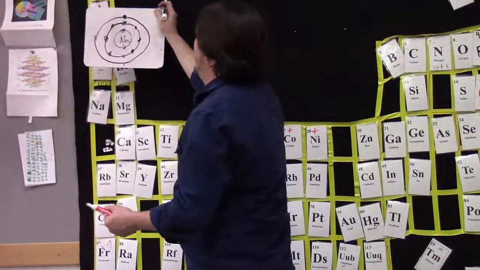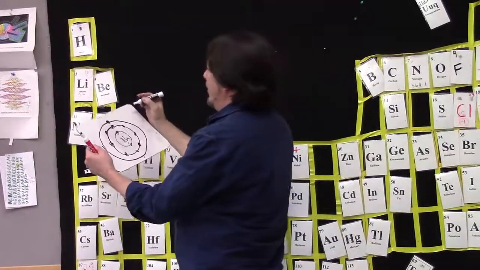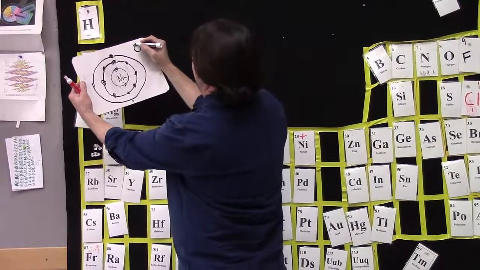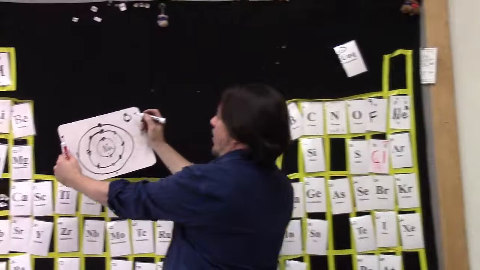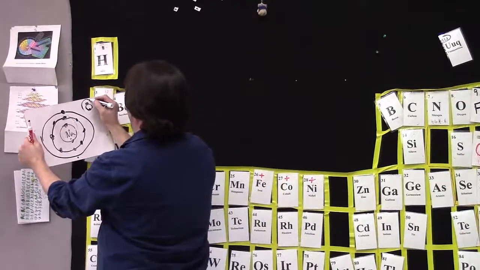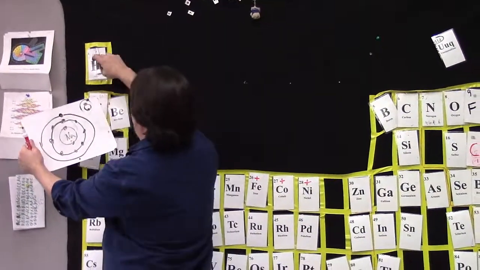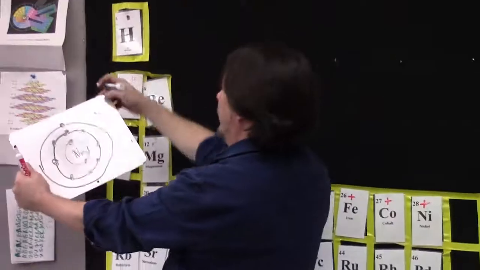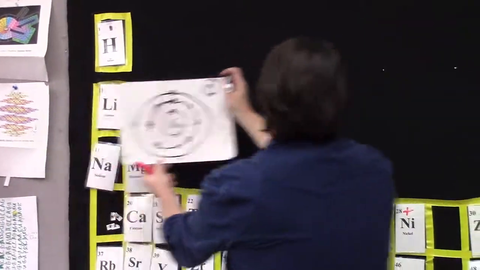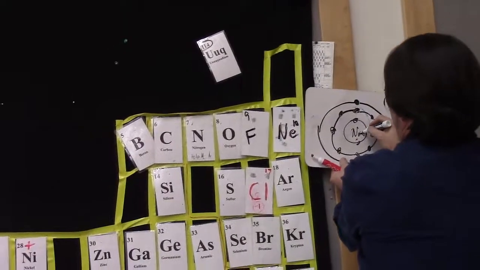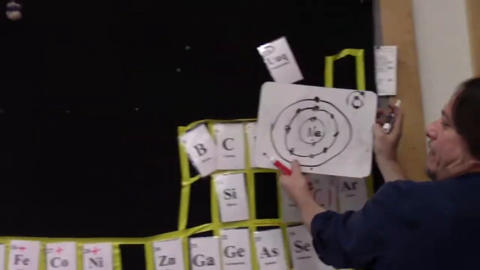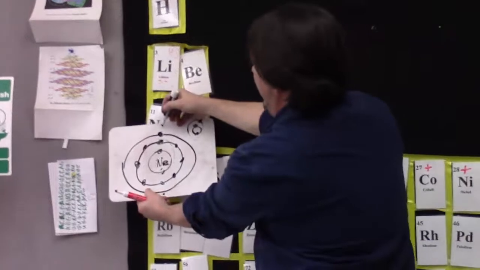Every time you start a new row, remember, when it went from hydrogen to helium and then we started a new row, we had 1 on the outside. With hydrogen, you had just 1 on the outside because there was just 1. Then we went all the way across, we filled it up to neon. And then when we went to sodium, we had 1 on the outside again.